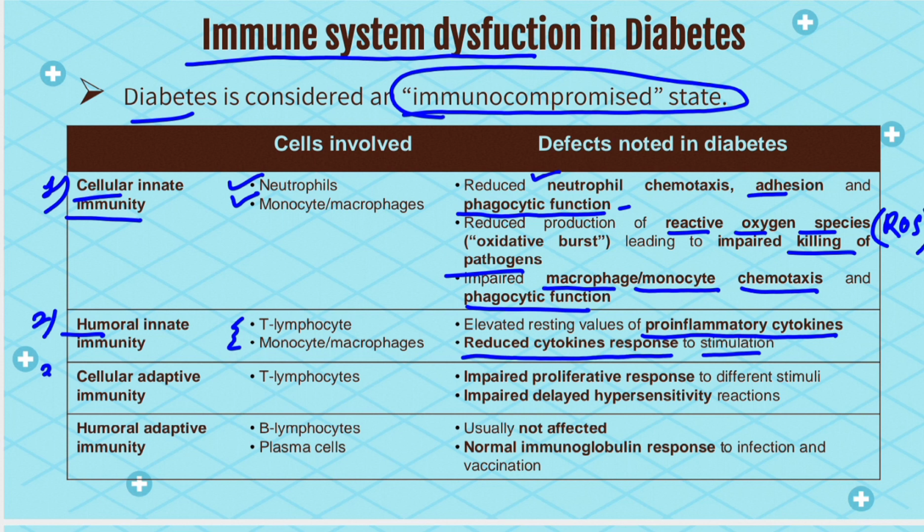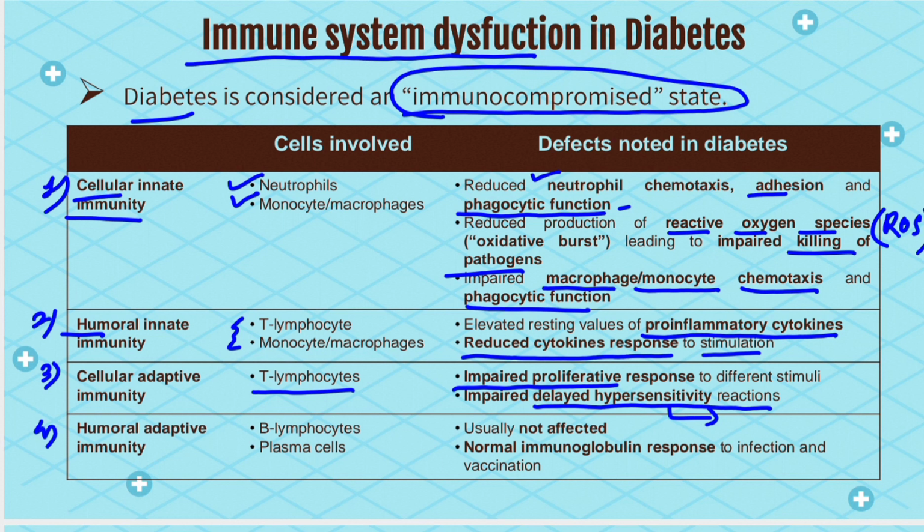The third kind of immunity is cellular adaptive immunity, produced by T lymphocytes. However, in any patient with diabetes there is an impaired proliferative response against any stimuli, as well as an impaired delayed hypersensitivity reaction against any infection, and because of this the patient is unable to recognize any kind of infection taking place in his body.